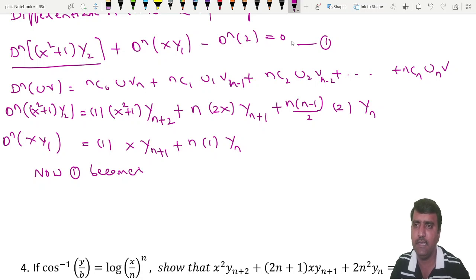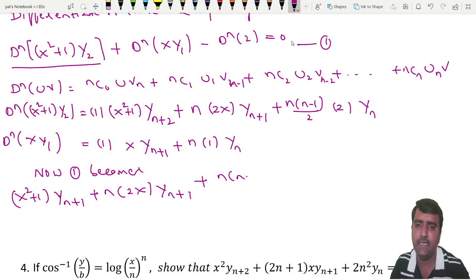So if you substitute that values here, then equation 1 becomes x square plus 1 into yn plus 2, plus n into 2x into yn plus 1, plus n into n minus 1 by 2 into 2 into yn.